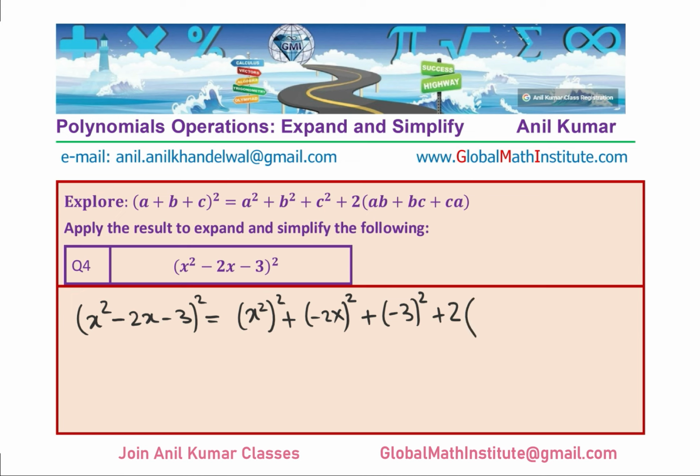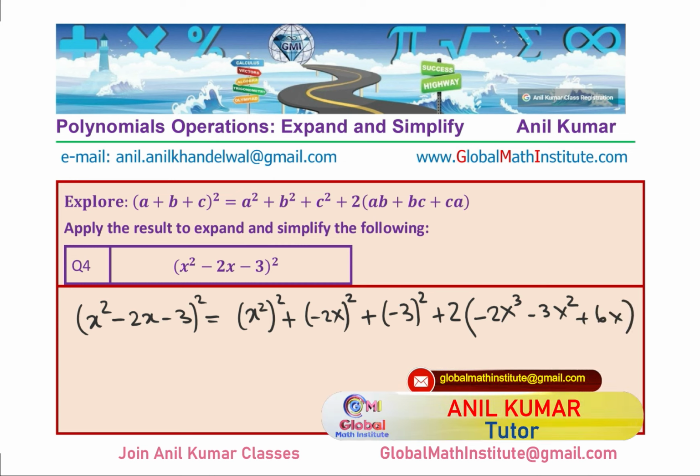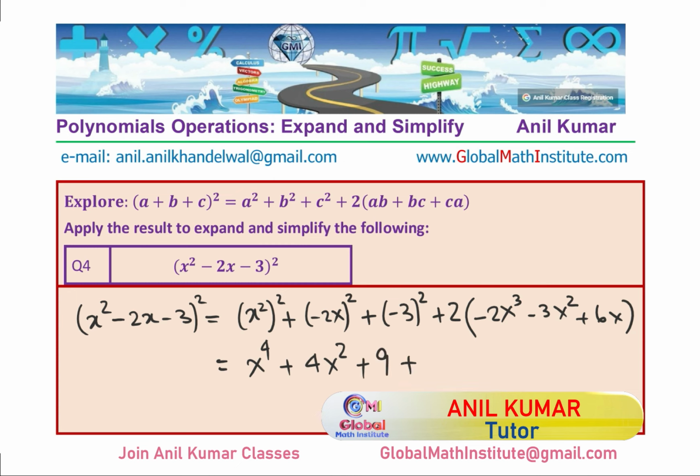So 2 times the product of this, so we get minus 2x cubed, and then minus 3x squared, and then plus 6x, right?